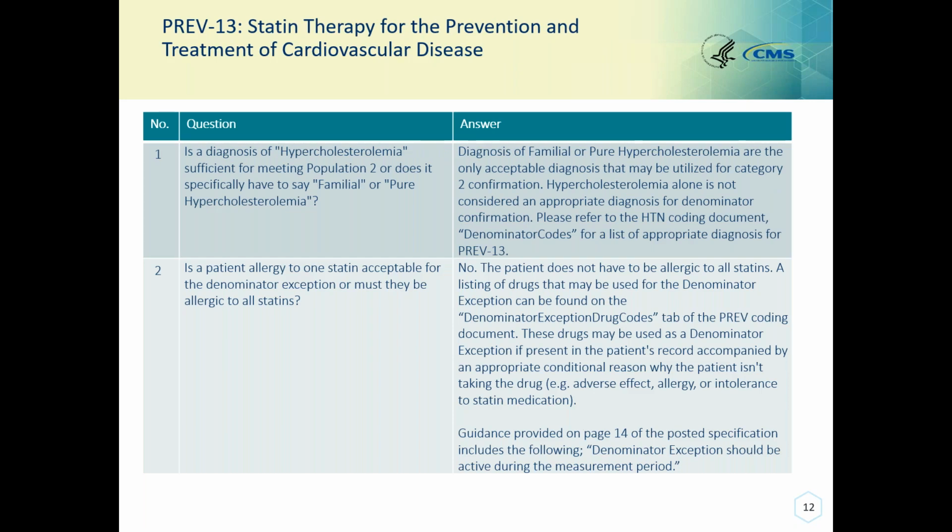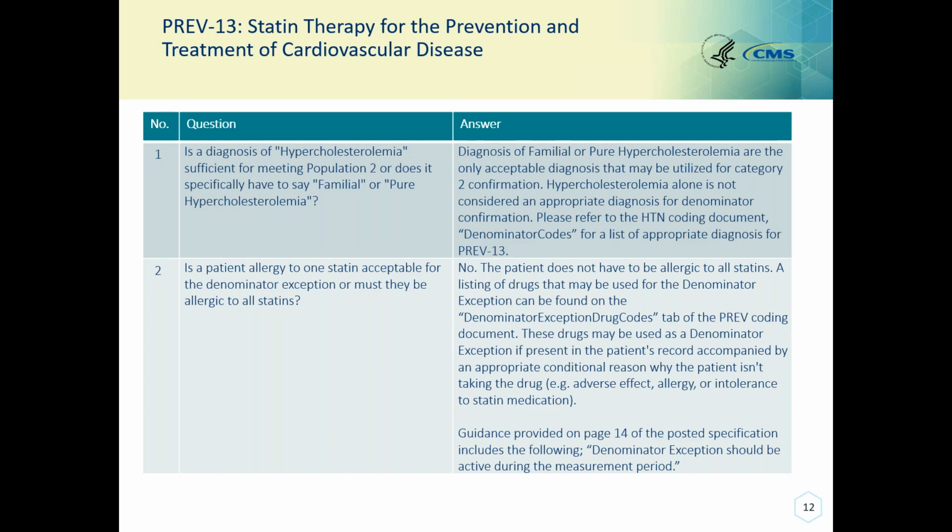These questions are for the PREV 12 statin therapy for the prevention and treatment of cardiovascular disease. Is a diagnosis of hypercholesterolemia sufficient for meeting population 2, or does it specifically have to say familial or pure hypercholesterolemia?